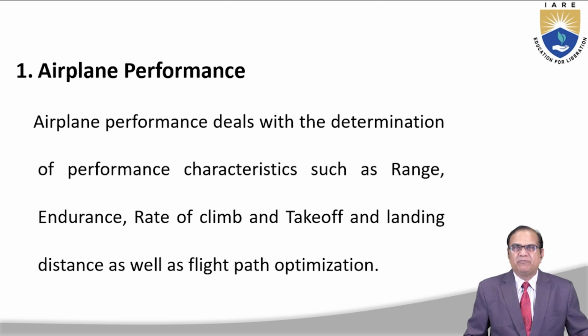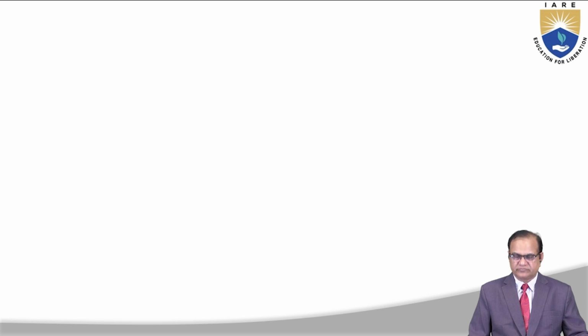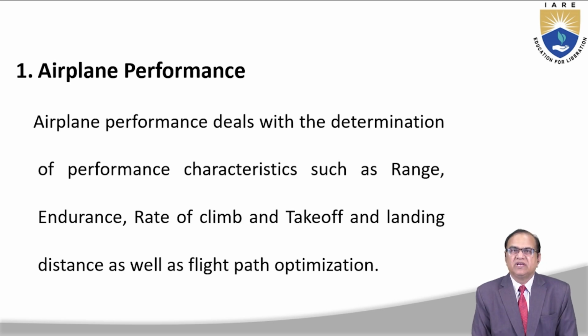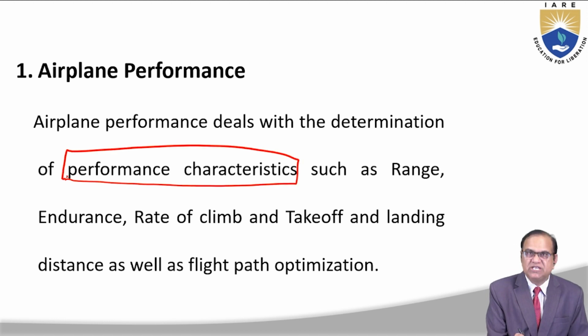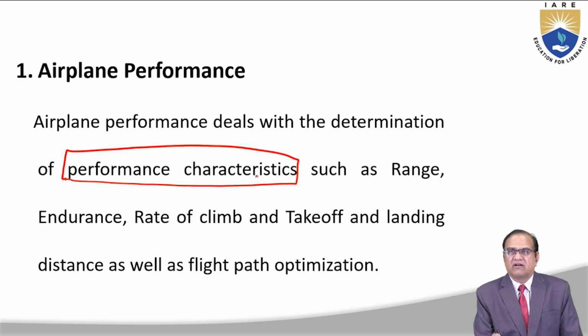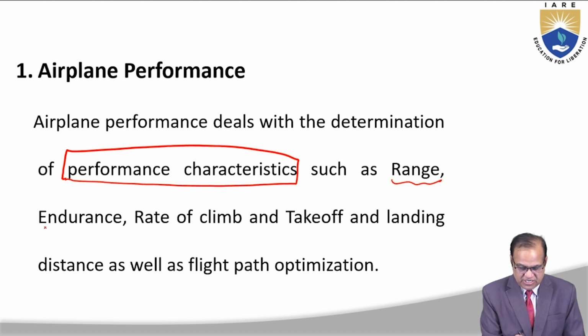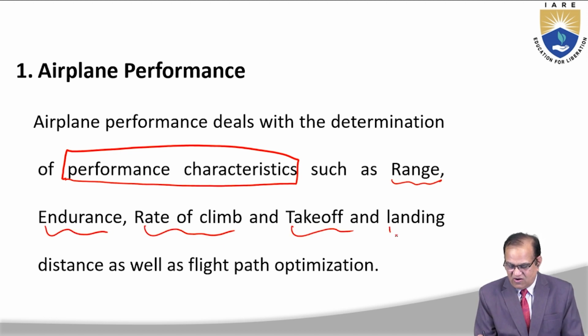Airplane performance deals with the determination of performance characteristics such as range, endurance, rate of climb, and takeoff and landing distance, as well as flight path optimization. So first we have to see what the performance characteristics are: range, endurance, rate of climb, takeoff, landing.